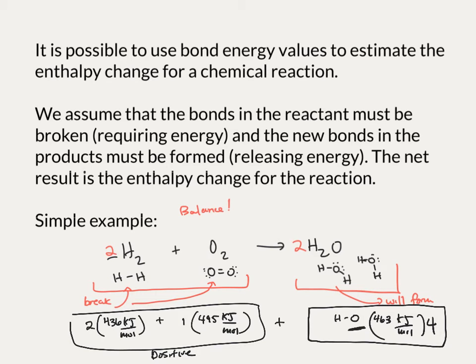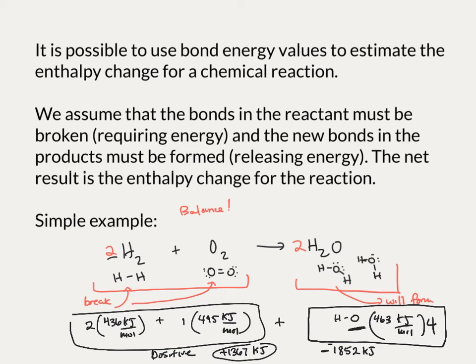So get out your calculator, do the math. The total energy required to break the existing bonds is 1367 kilojoules. The energy released from the formation of the bonds in the product is 852 kilojoules, and that's negative.